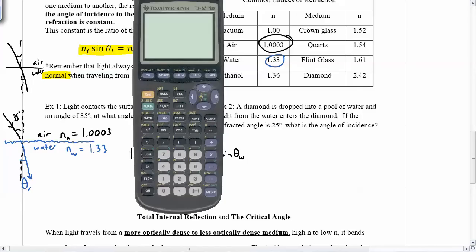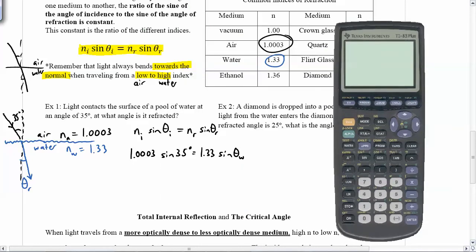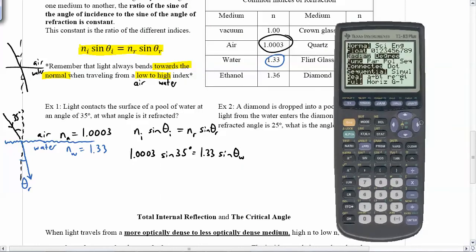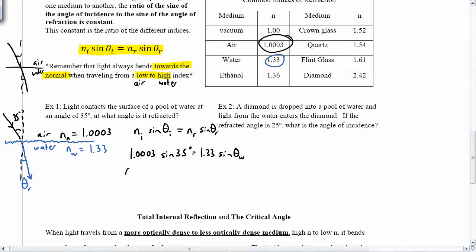You need a graphing calculator for this. Make sure that your calculator is in degree mode. Go into your mode and change it to degree. It won't work in radian mode. So we have 1.0003 times sine 35, which gives 0.57. I really have to keep all the decimal places if I'm going to get the right answer.